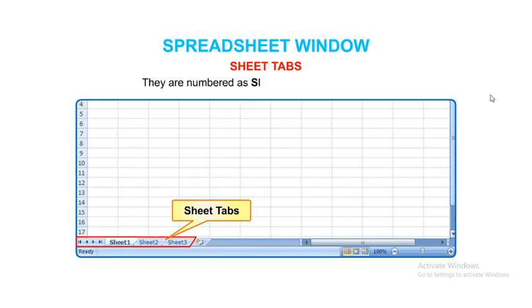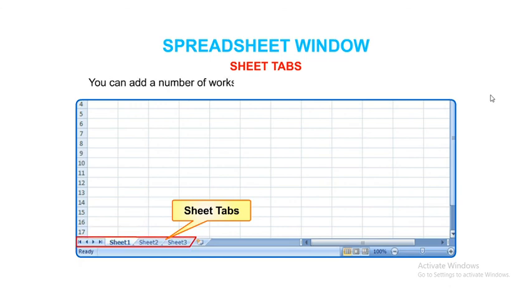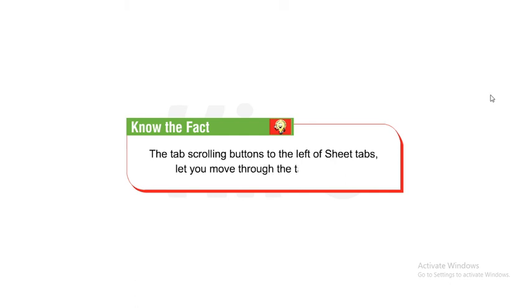They are numbered as Sheet 1, Sheet 2, and Sheet 3. On clicking a particular sheet tab, that worksheet becomes the active worksheet. You can add a number of worksheets in a workbook according to your need. Alright students, note the fact that the tab scrolling buttons to the left of the sheet tabs let you move through the tabs quickly.